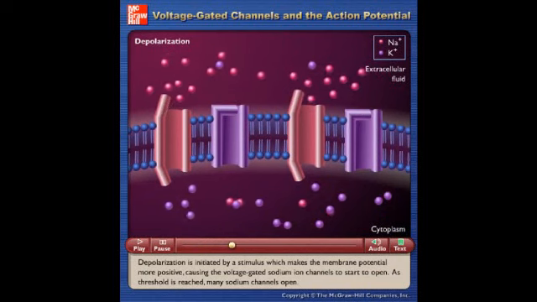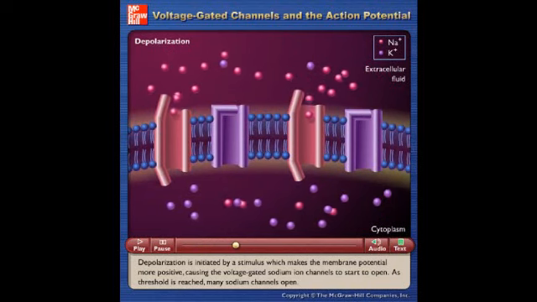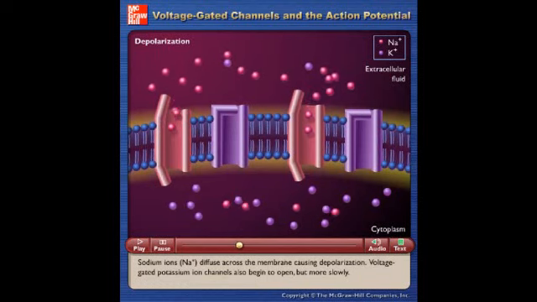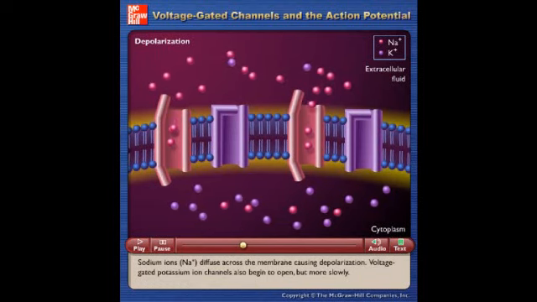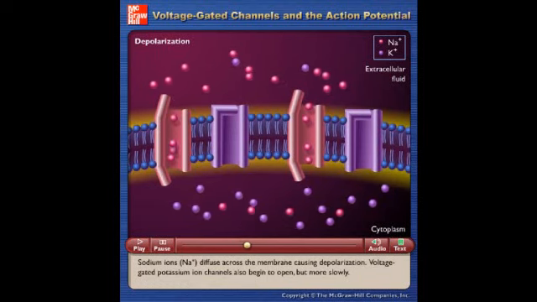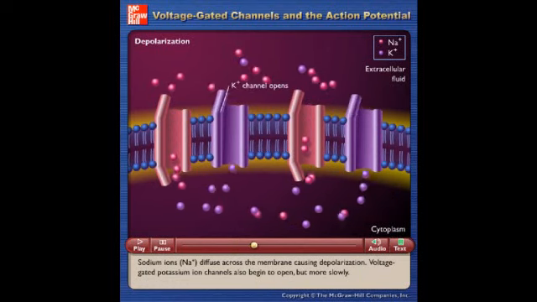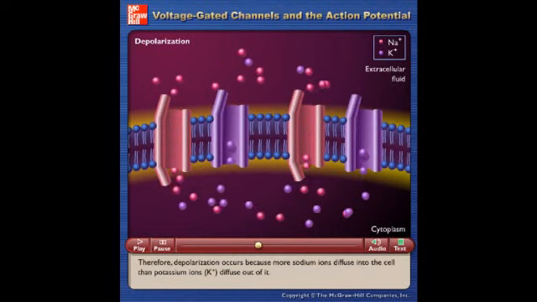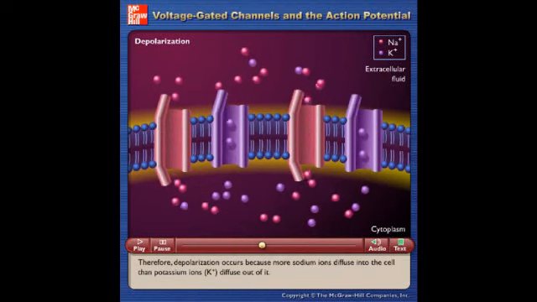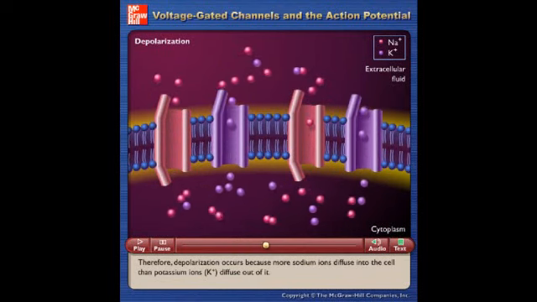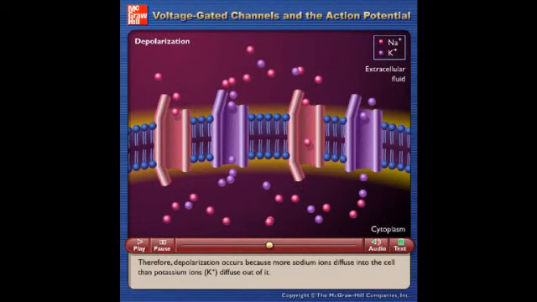As threshold is reached, many sodium channels open. Sodium ions diffuse across the membrane, causing depolarization. Voltage-gated potassium ion channels also begin to open, but more slowly. Therefore, depolarization occurs because more sodium ions diffuse into the cell than potassium ions diffuse out of it.